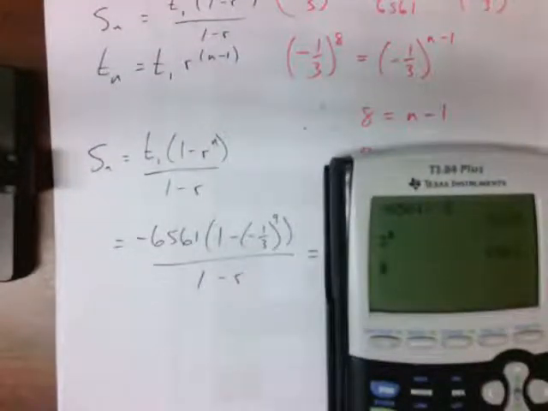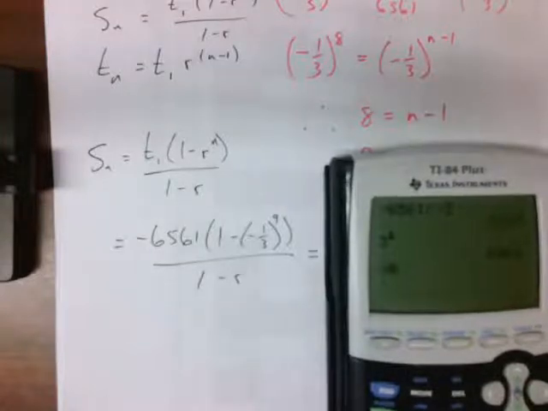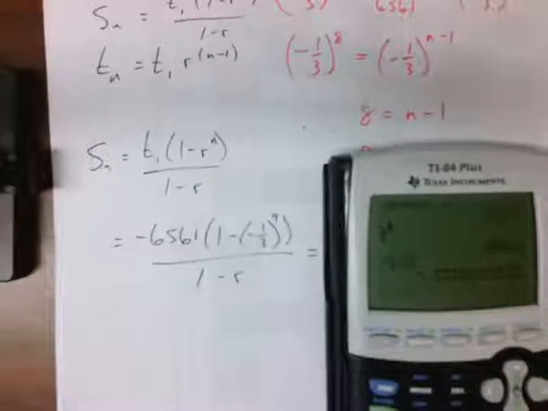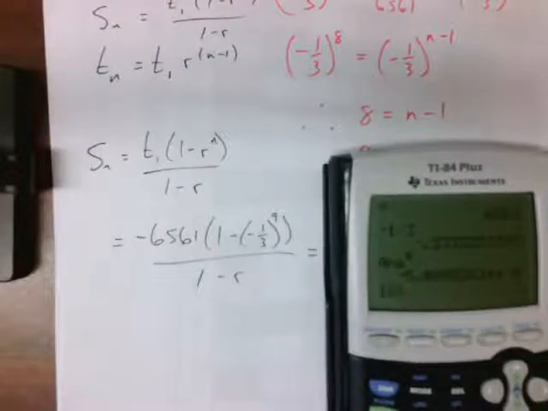So, negative 1 divided by 3 equals negative 0.3 repeating. Now that's going to go to the 9th power. So it's that goofiness. Now we're going to do 1 subtract this. In my calculator, I can just pull the answer down, so I don't have to round or anything.